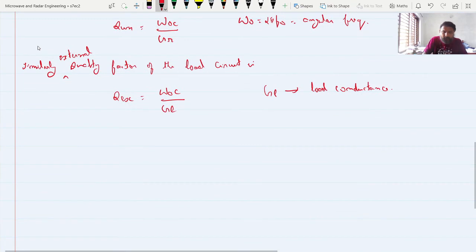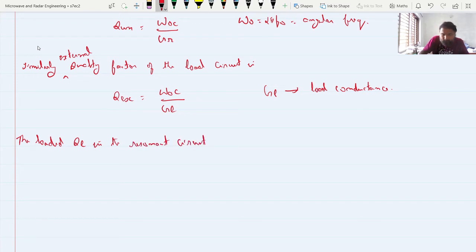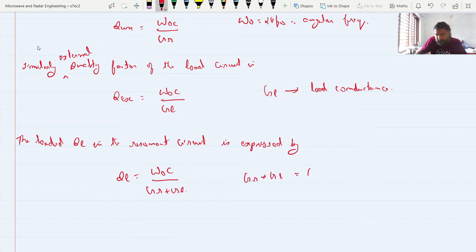The loaded QL in the resonance circuit is expressed by QL equals omega naught C by GR plus GL, where GR plus GL is nothing but G external.